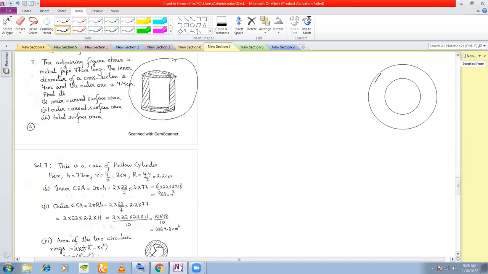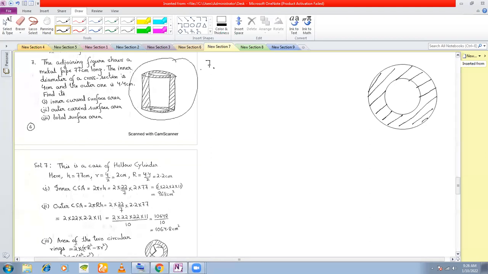And this part, if you're looking from the top, will be the thickness of the material, right? It looks like a circular ring from the top, right? Fine. Let's see this problem now.